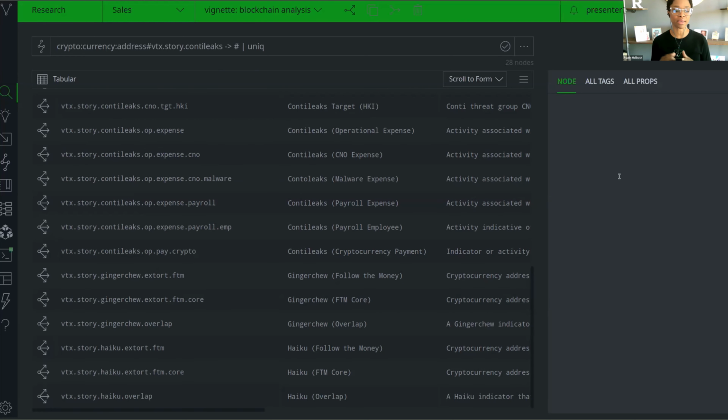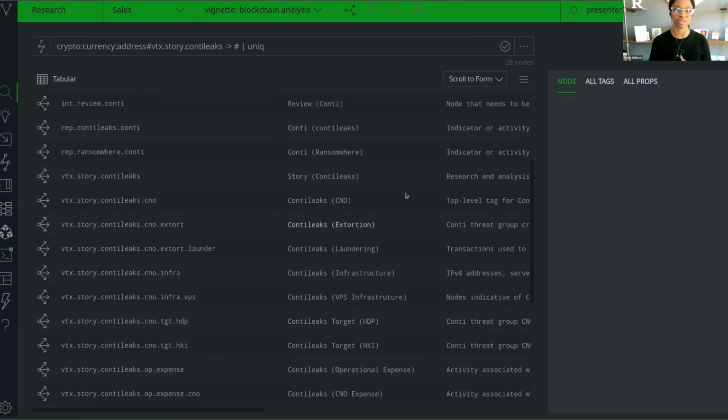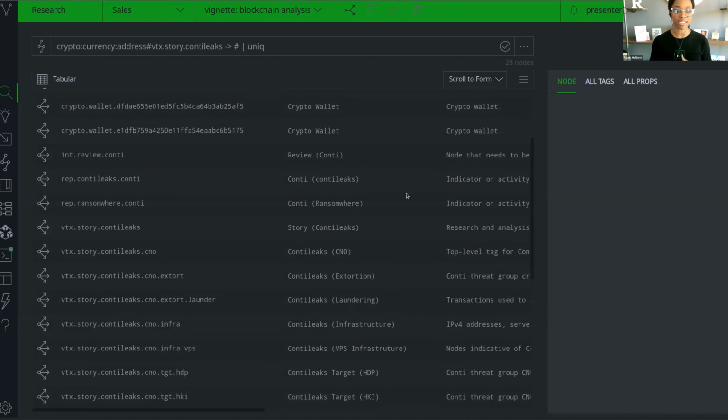I hope that by walking you through how we took a stab at looking at the data from a cryptocurrency standpoint, you were able to see how we used it to do cryptocurrency analysis, and maybe visualize how you and your team can do so as well.